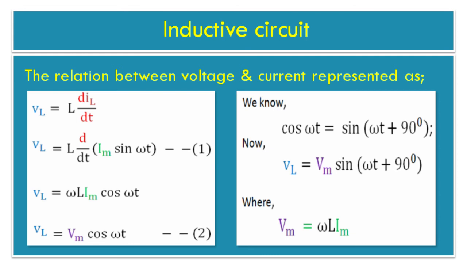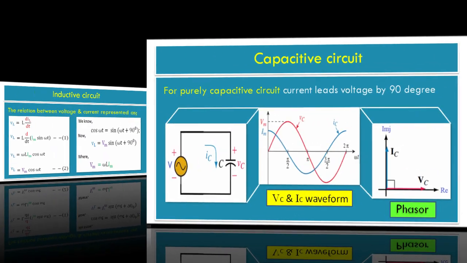We know cos omega t is equal to sin of omega t plus 90 degree, which is a trigonometric identity. Now VL is equal to Vm sin of omega t plus 90 degree, where Vm is equal to omega L into Im.